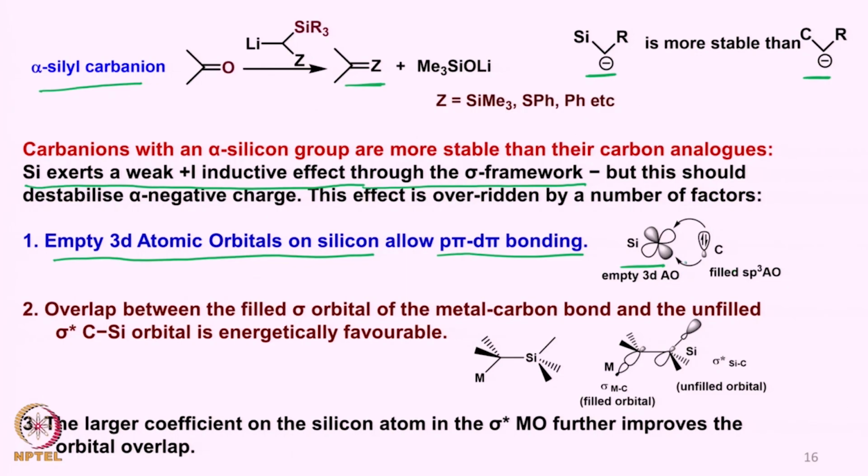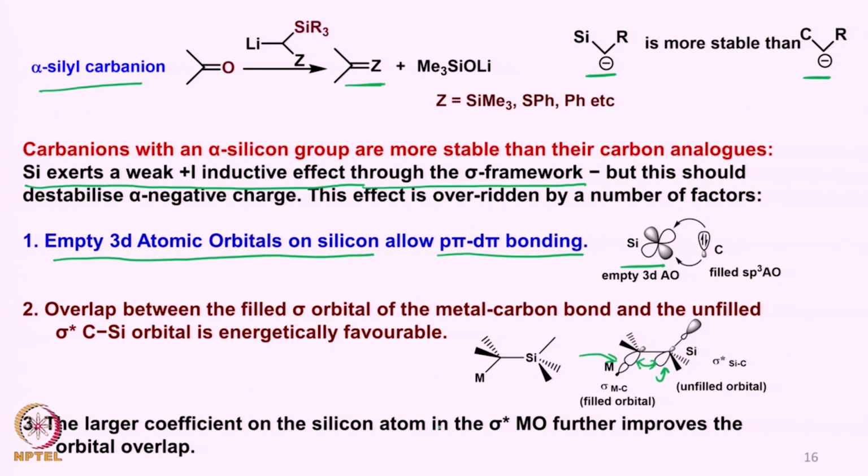So, there is a nice overlap, as you can see here, which allows the stabilization of the negative charge. Second, there is an overlap between the filled sigma orbital, this is the filled sigma orbital of the carbon metal bond, and the unfilled sigma star carbon silicon orbital. This overlap allows the stabilization of the negative charge.